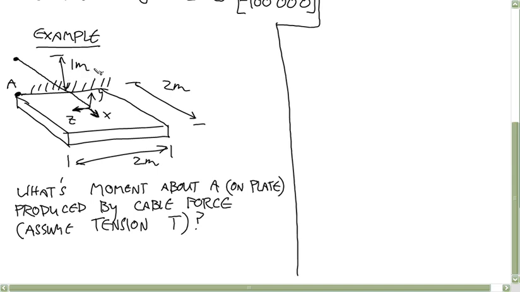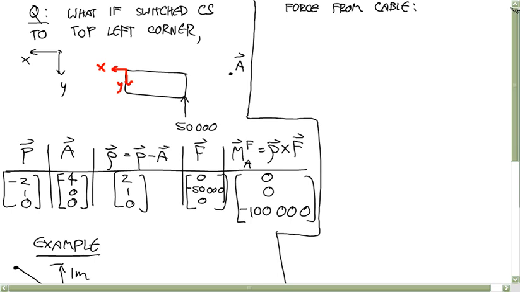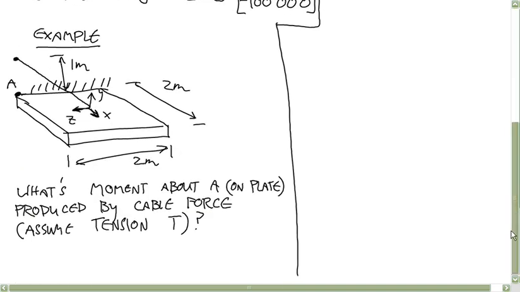So this point here is, in coordinates, -1, +1, and then +1, minus the other end of this cable, which is where we put our origin.